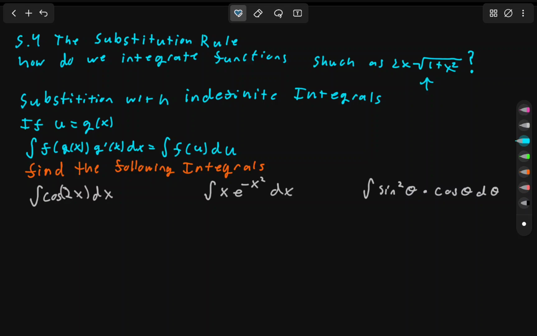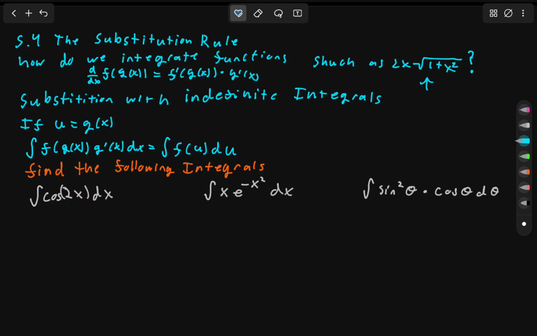So what we have to do is devise a new method. And this method specifically comes from the chain rule. So you might recall that the chain rule says that if you have f of g of x, and you're taking the derivative of that, then it's going to be equal to f prime of g of x times g prime of x.